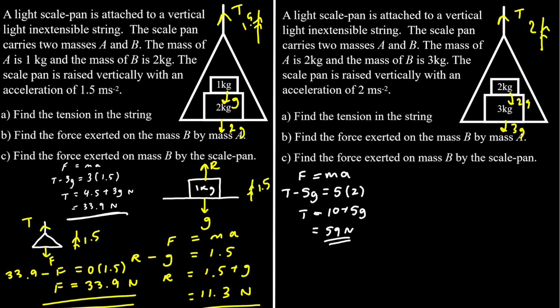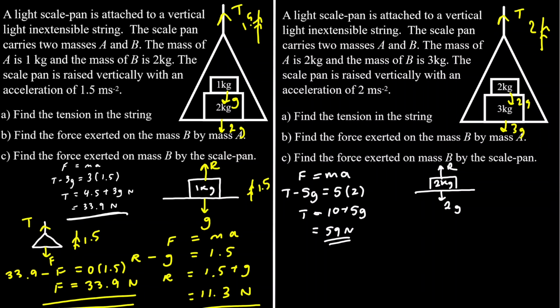Find the force exerted on B by A, but that is the same as the force exerted on A by B. So let's just look at A. It's a 2 kilogram mass, so its weight's 2g, and the normal reaction is the force on A by B, and that's the same as the force on B by A. They're equal and opposite.